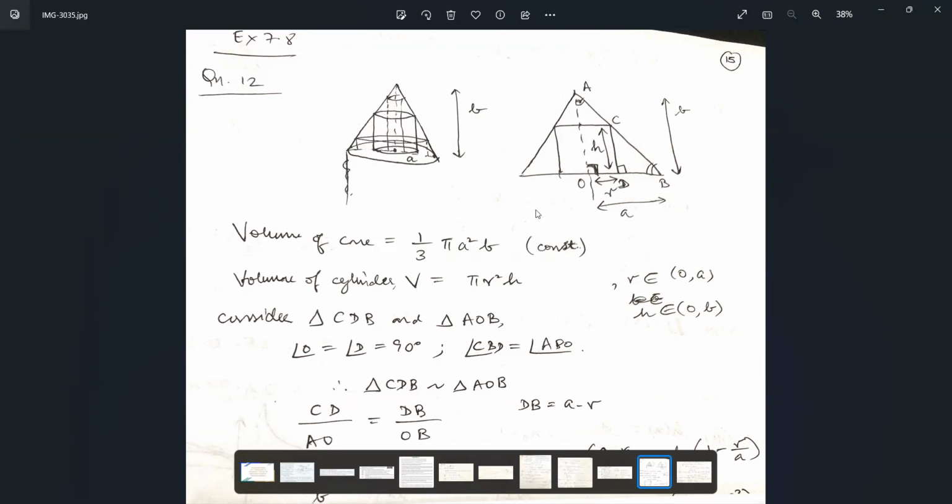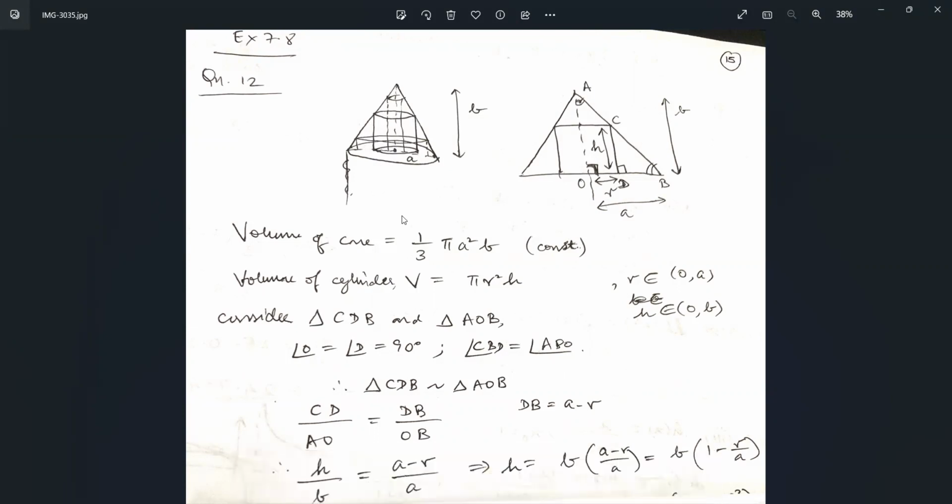Now, the volume of the cone, we know, is 1 by 3 pi into radius square into height, pi a square b, which is a constant. And the volume of the cylinder is V equal to pi r square h.